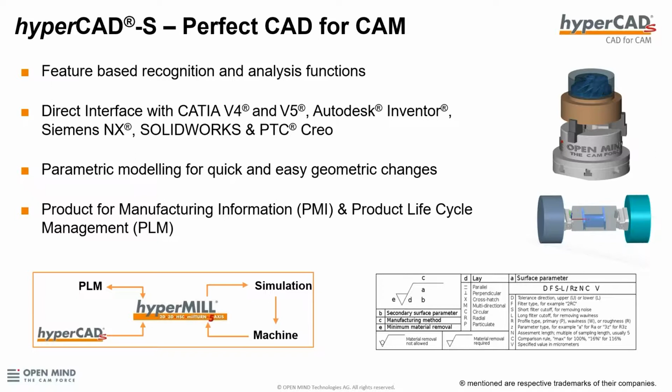Also, hyperMILL links to various PLM, product lifecycle management tools. So all the information that you need to be sending to your PLM tools can be sent to these systems.